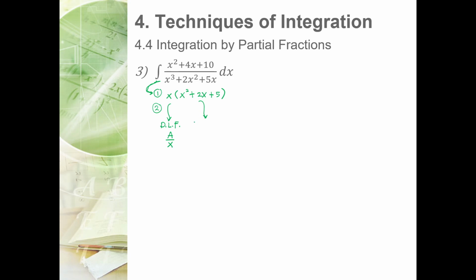Since it's distinct, it's not repeating. So this one is a distinct quadratic factor. Again, from the formula presented in the first slide, this one is bx plus c all over x squared plus 2x plus 5.